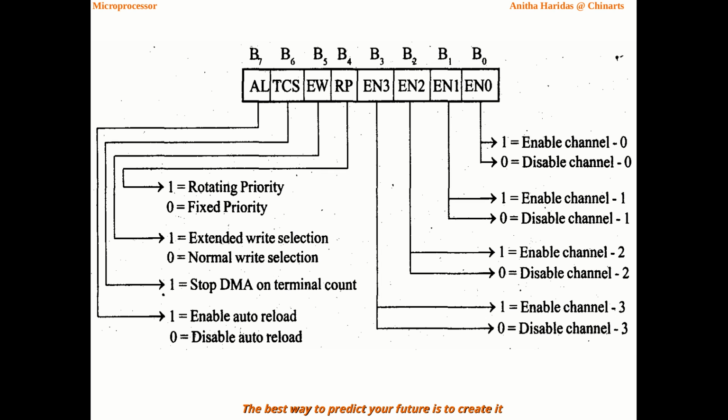If all the 4 different devices are requesting the DMA operation simultaneously, imagine channel 4 is connected to the pen drive and channel 3 is connected to a CD drive.